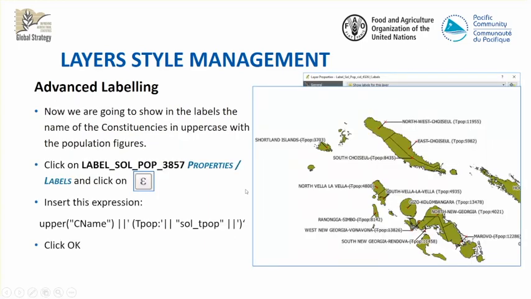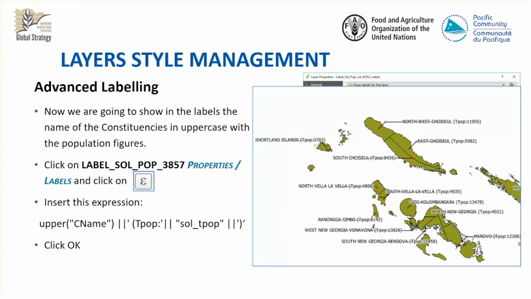So now we want to add. We want to put the name of the constituency in uppercase, and we want to add the population of each of the constituencies. Okay?